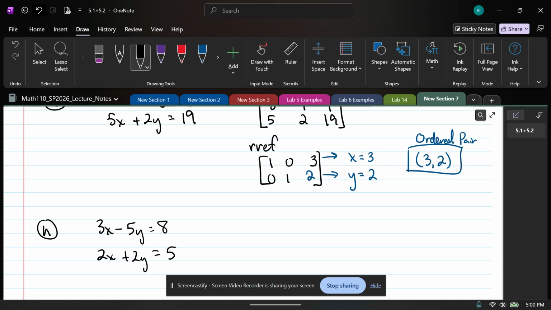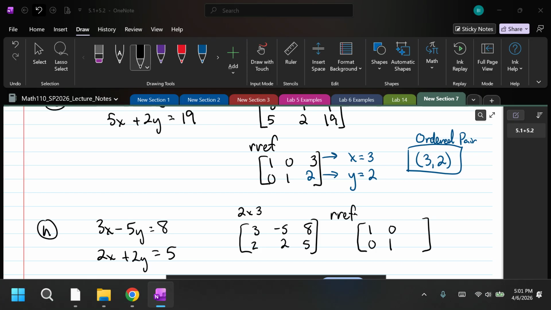So we're going to put in a 2 by 3 matrix: 3, negative 5, 8, 2, 2, 5. And I'm going to run RREF, not 2 F's. And that should give me a matrix that has 1, 0, 0, 1, and then some answers over there.